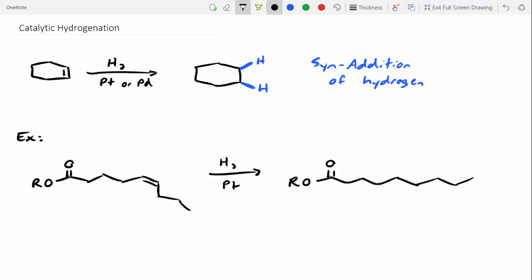Cheaper? It's cheaper, and if we think about unsaturated fats, are they normally solids or liquids? Liquids. So vegetable oils are commonly liquids. When we hydrogenate it, we turn that alkene into an alkane, and we can turn it into a solid fat.